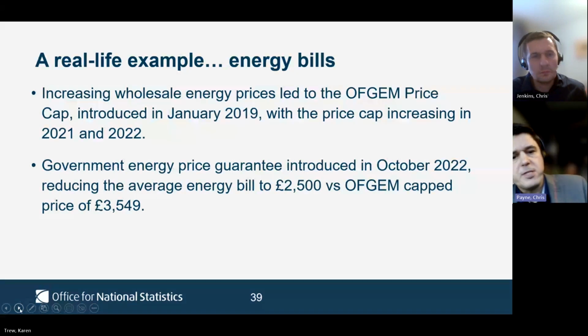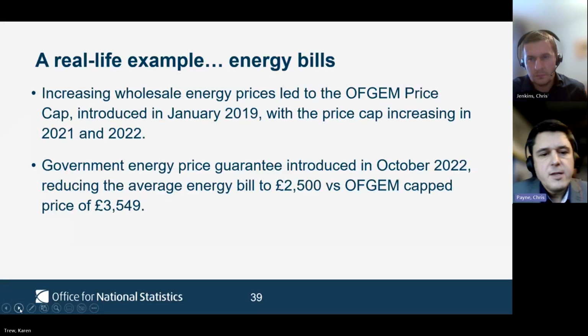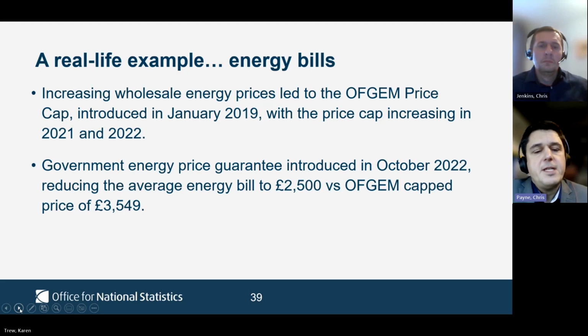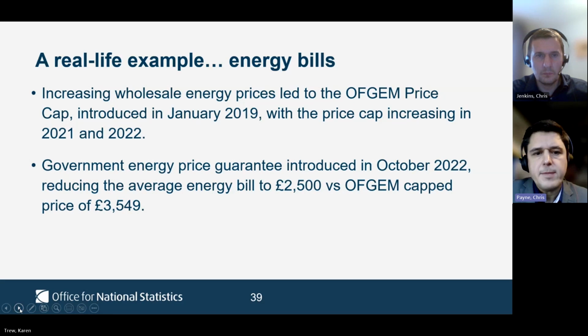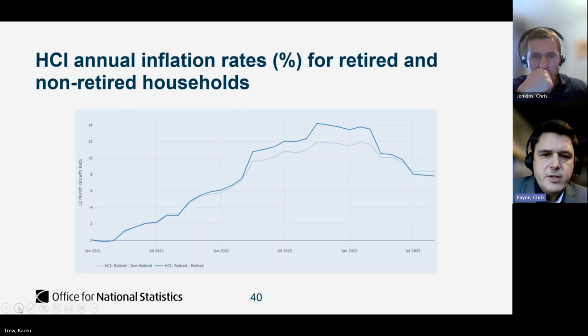At the same time, in October 2022, the government introduced its energy price guarantee, which basically limited the average energy bill to £2,500. This was at the same time as an Ofgem price cap rise, but it meant that on average customers paid £2,500. So let's have a look at how that impacts the household cost indices.